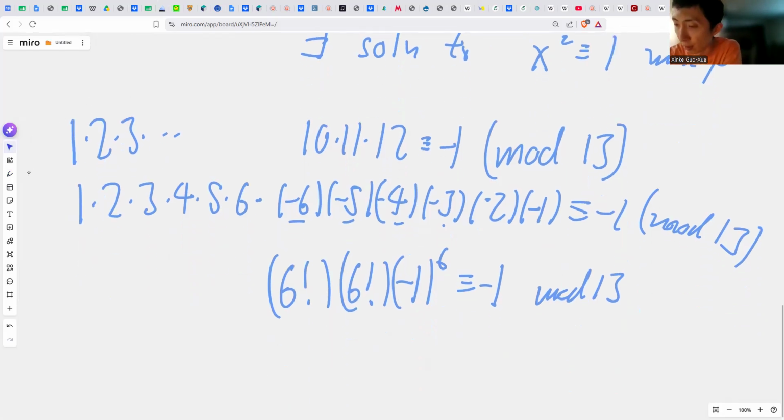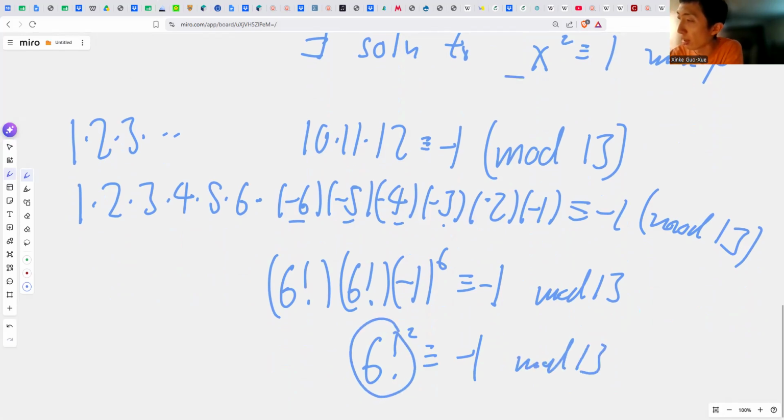But hey, that means that 6 factorial squared is -1. So 6 factorial is a solution to x squared congruent to -1 mod 13.